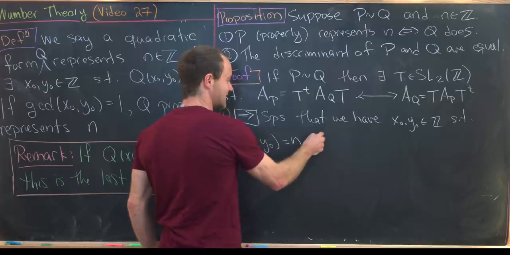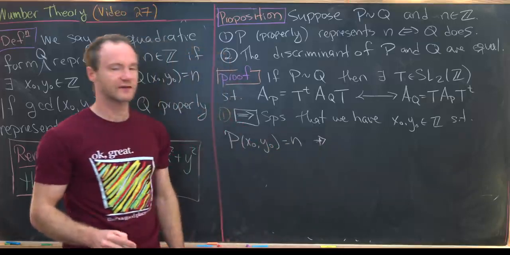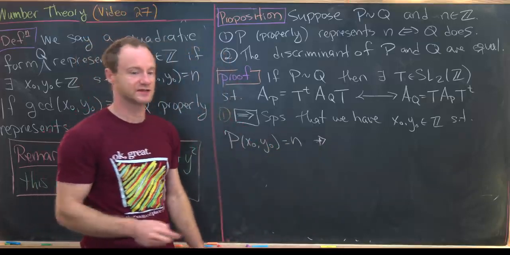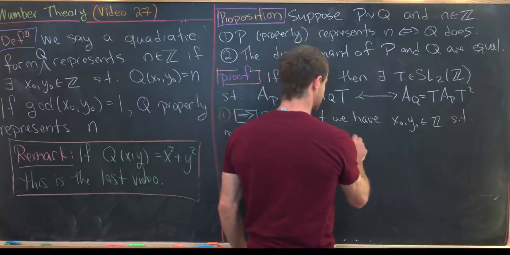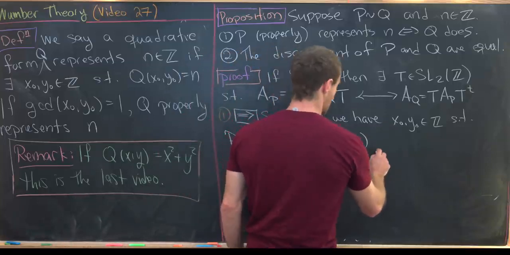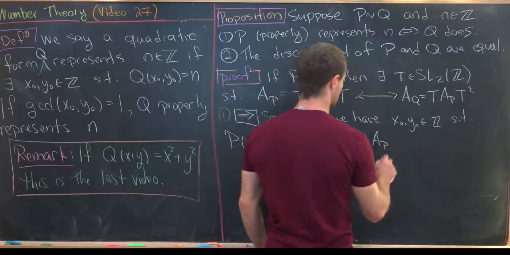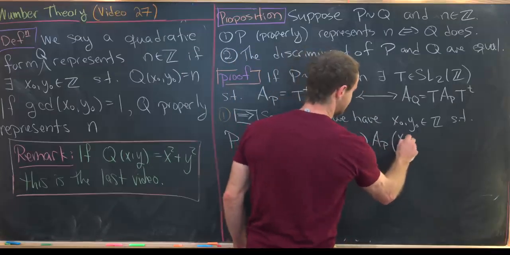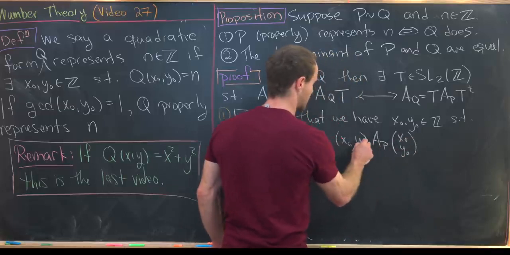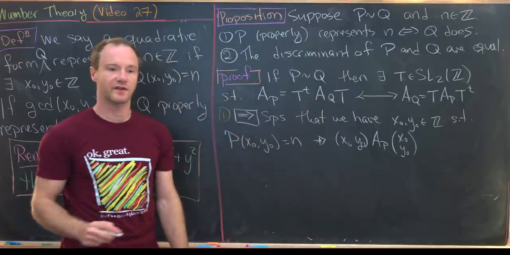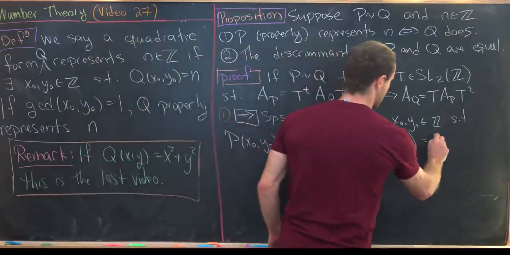But now let's take this equation involving a quadratic form and turn it into a matrix equation. So that means that x naught, y naught, and then the matrix associated with P, which we'll call A sub P, times x naught, y naught. So we've got a row vector on one side, column vector on the other side, equals n.